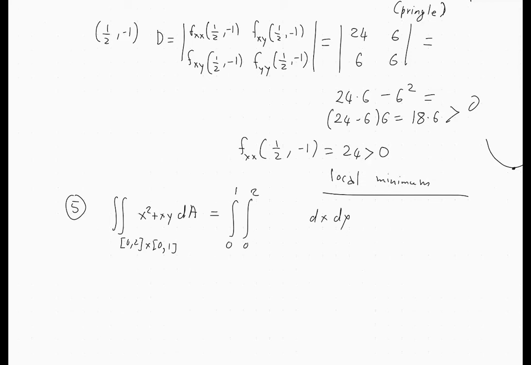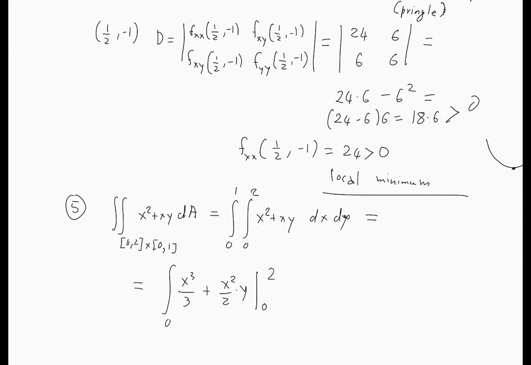So let's find the antiderivative first with respect to x. And this will be x cubed over 3 plus x squared over 2 times y from 0 to 2. And then you have to go 0 to 1 dy.